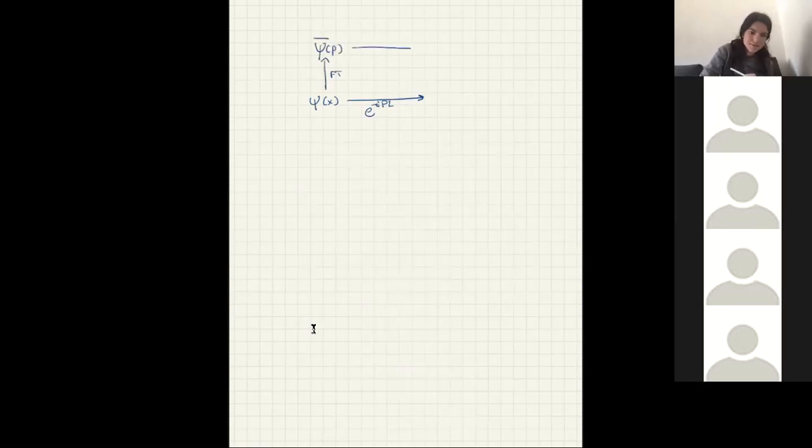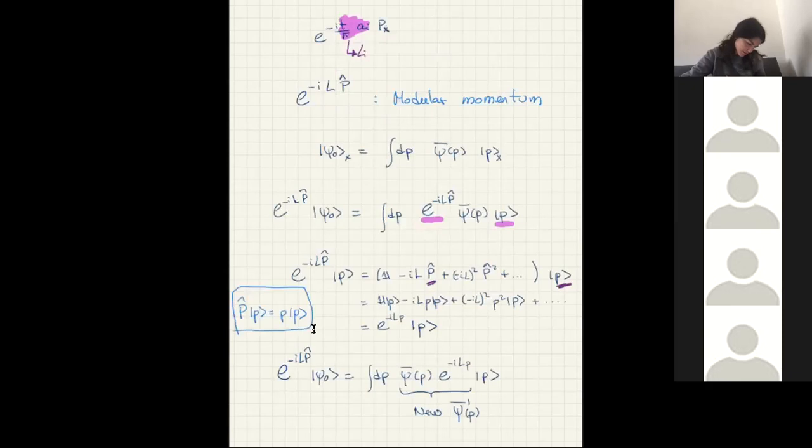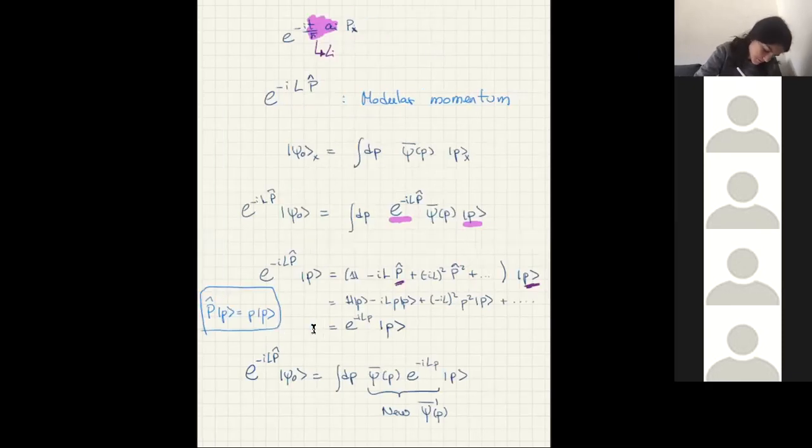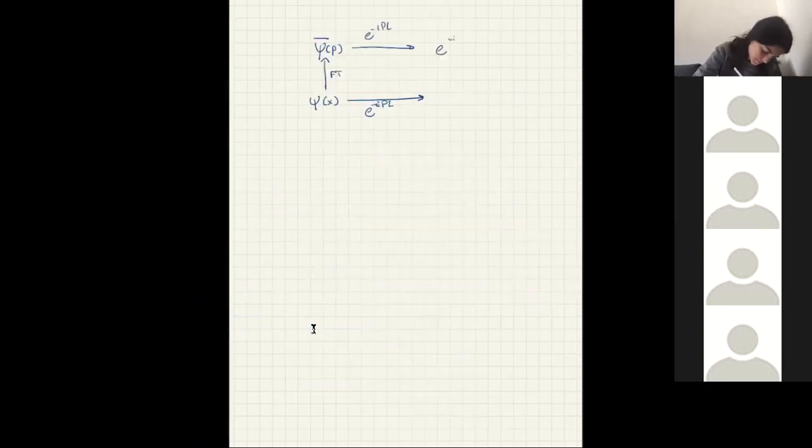Then we apply the operator, and we saw that we get here this e to the minus i L p. Right.